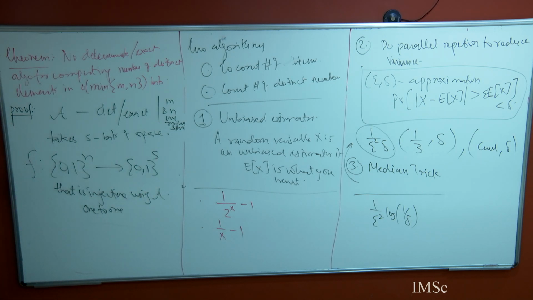If I give such a function, then what happens? Then s must be at least n, because there cannot be an injective function from a larger set to a smaller set. This is just the basic pigeonhole principle, so we are not going to use any communication complexity. We are just going to show such a function.